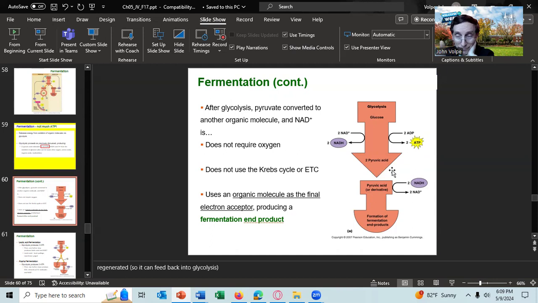There are only 5 or 6 different forms of fermentation, maybe 7, but I think 5 or 6. The very simplest is only 1 step. You convert pyruvic acid to lactic acid, but in all forms of fermentation, you convert pyruvic acid to the end product of the fermentation reaction.